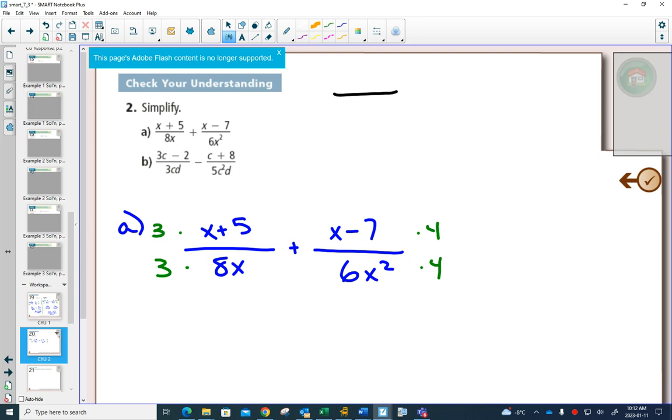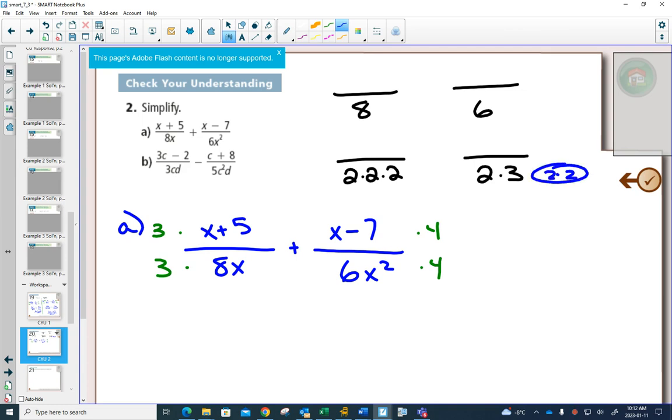If you can't see it, maybe what we looked at before, and I'll do it here at the top. Instead of 8 and instead of 6, I could think of 8 as 2 times 2 times 2, and I could think of 6 as 2 times 3. Can you see that in order for them to be the same, this one is missing 2 2's and this one is missing a 3?